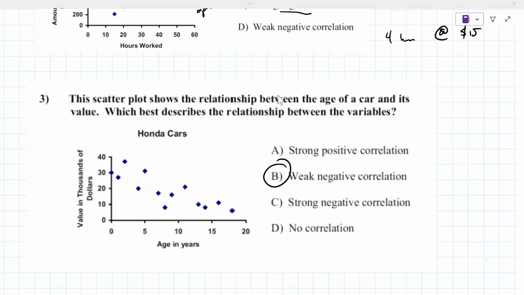The relationship. Okay, what is the relationship between what two variables? Age in years and value in thousands of dollars. Okay, so a new car is up here. A 15 to 20-year-old car is down here. Is that reasonable to you or not?